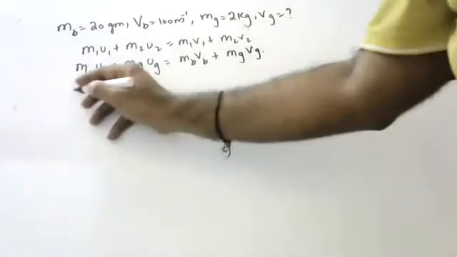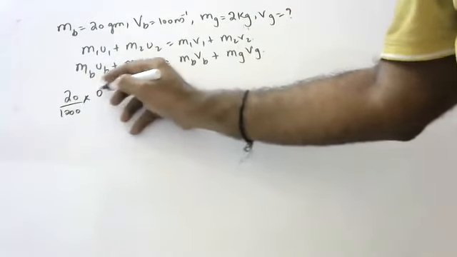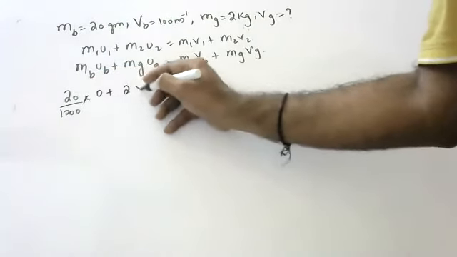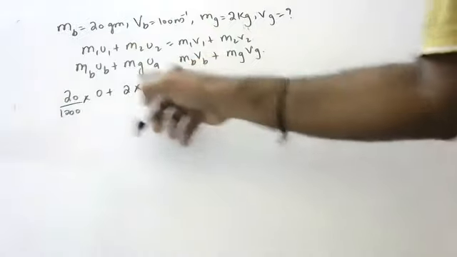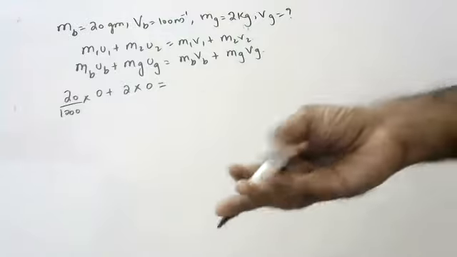Very good. 20 by 1000 into 0 plus 2 into 0. Why did you take 0 here? Because initially bullet and gun are at rest.